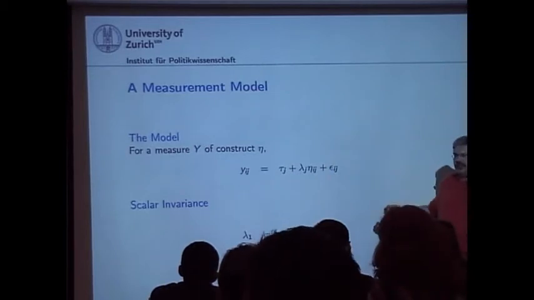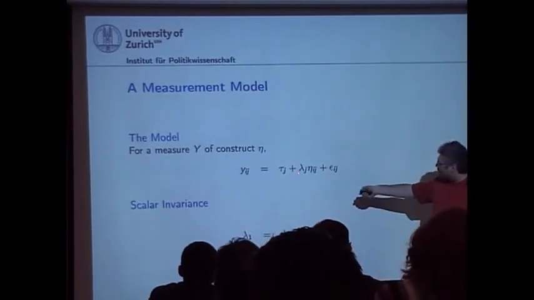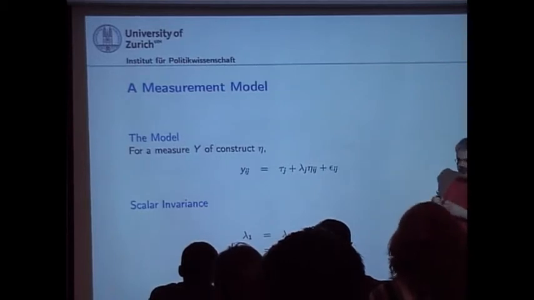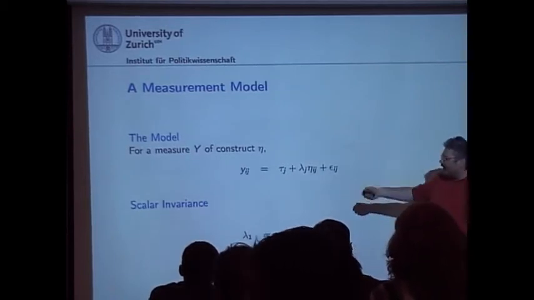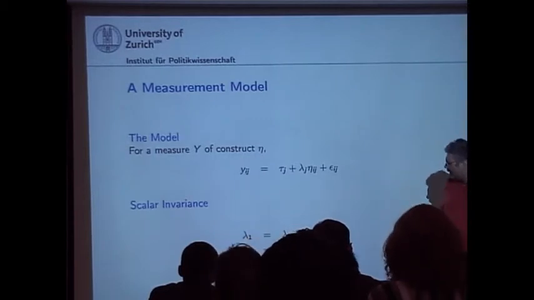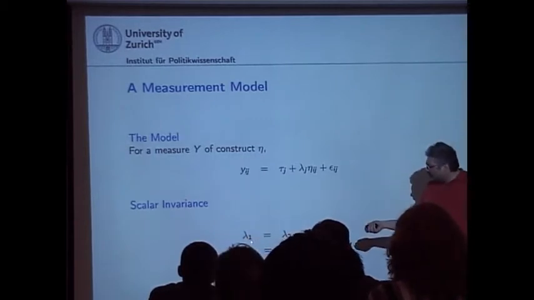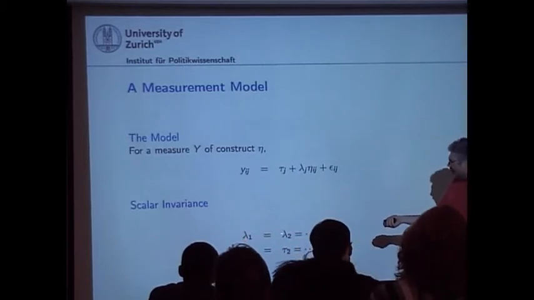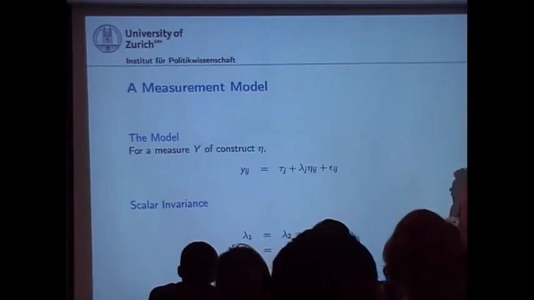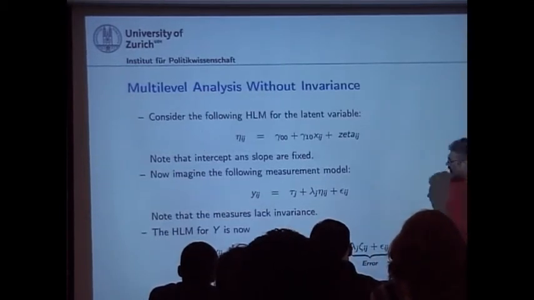Epsilon here is measurement error, and then I have factor loadings lambda_j that specify the metric, and tau_j's that specify the means. Under scalar invariance, we want the factor loadings to be the same everywhere, and the taus to be the same everywhere. Now what happens if that's not the case?